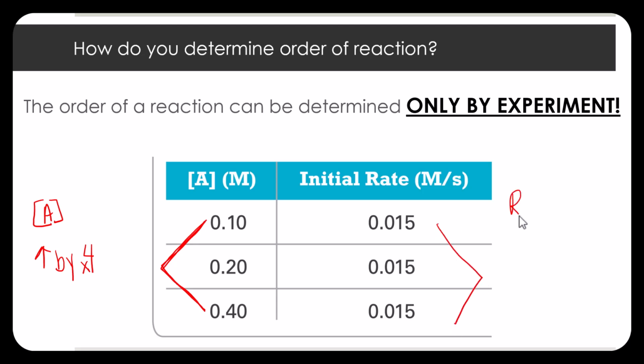What happened to the rate? Nothing. It stayed the same. So what order would it be if the concentration of A goes up by a factor of 4, but the rate stays the same?